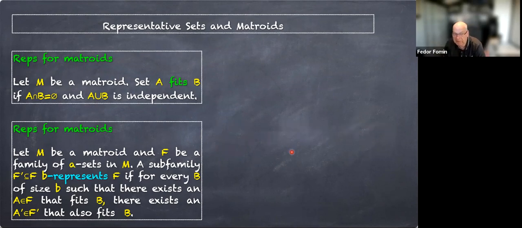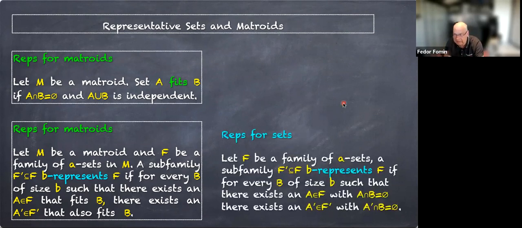I have a matroid, and I have a family F of sets of size A of elements of this matroid M. Then I say that a subfamily F prime represents family F if for every set B of size B of elements of the matroid, such that there exists a set A in F that fits B, this also implies that there exists a set A prime from F prime which fits B. So it's exactly the same definition as the definition for sets.